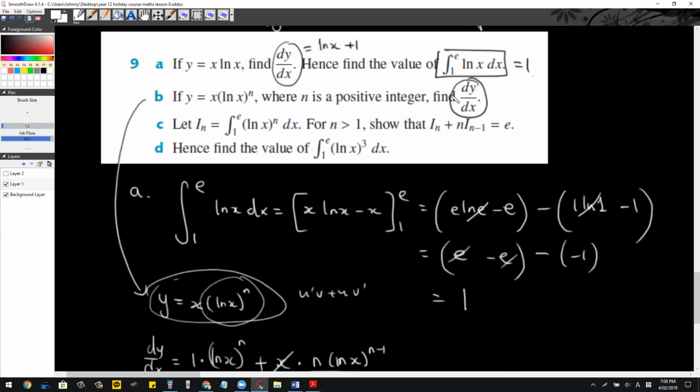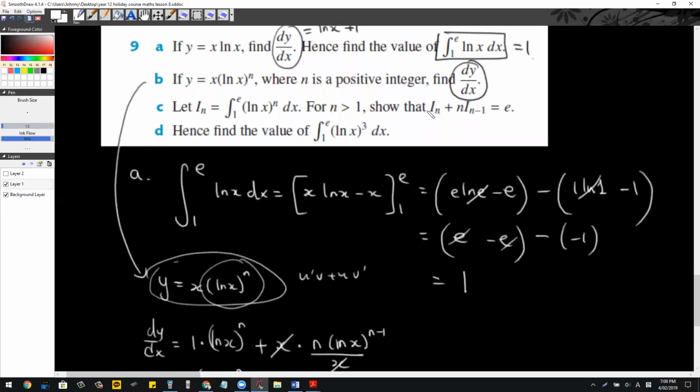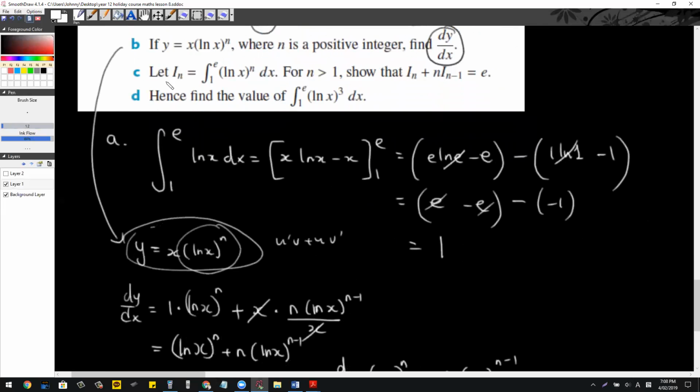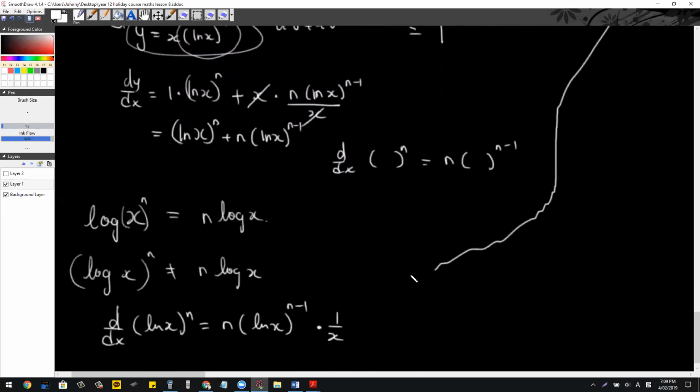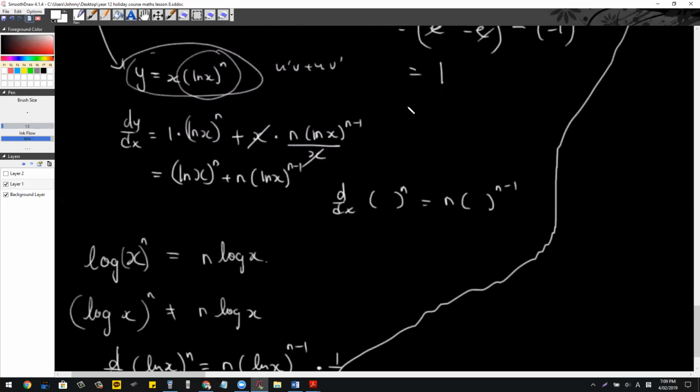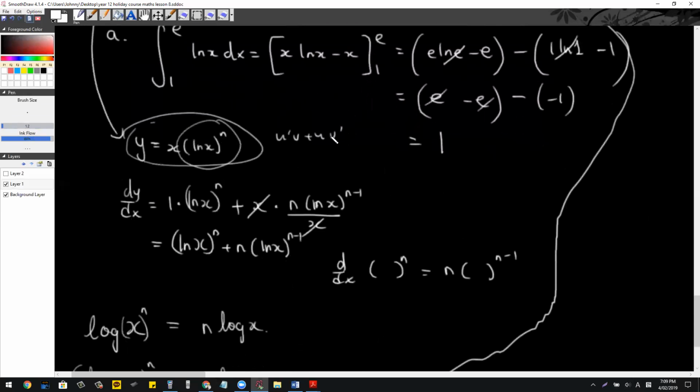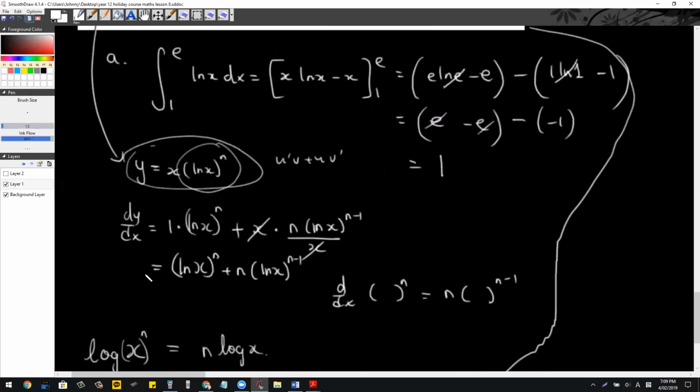So find this one. Part c says I_n is given by this. Show that I_n plus n I_(n minus 1) equals e. So this is a very, very interesting one. So we found this one here.